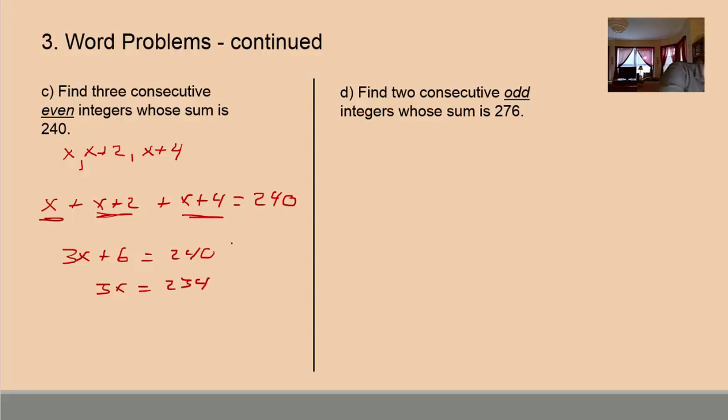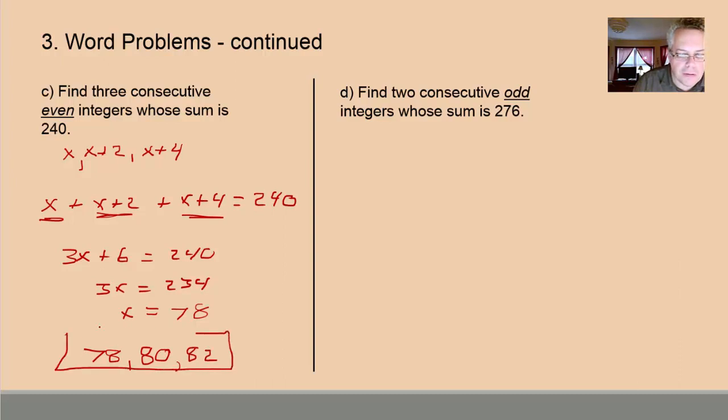And I'm going to do a little division. And I get x equals 78. That's my first even integer. So we wanted three of them. 78, that's x. x plus 2 would be 80. x plus 4 would be 82. Those are my three consecutive even integers.